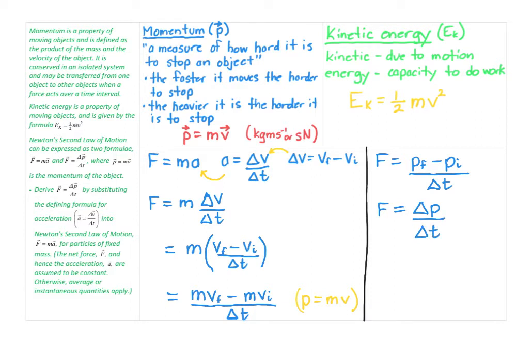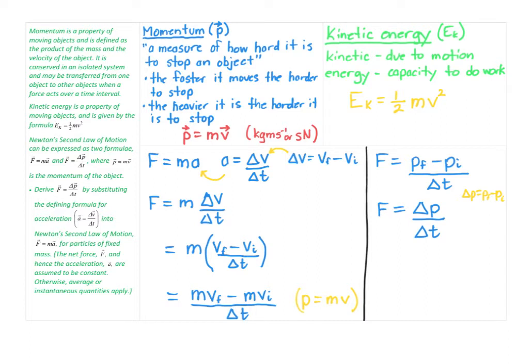And probably for completion, I should say here, I'm just running out of a bit of space, that what we're doing there is saying that basically delta P is equal to Pf minus Pi. And then we're putting that back into this formula here.